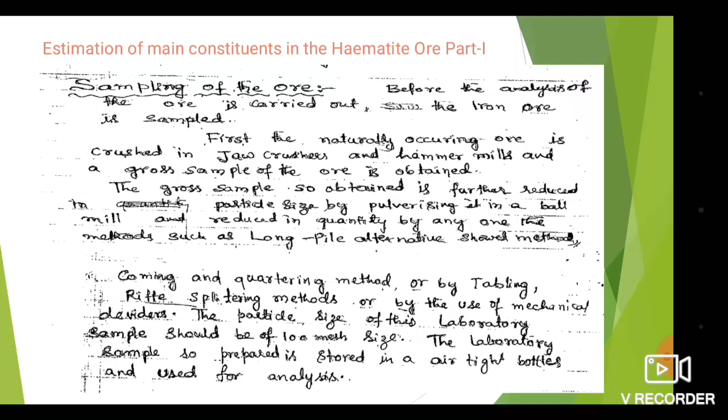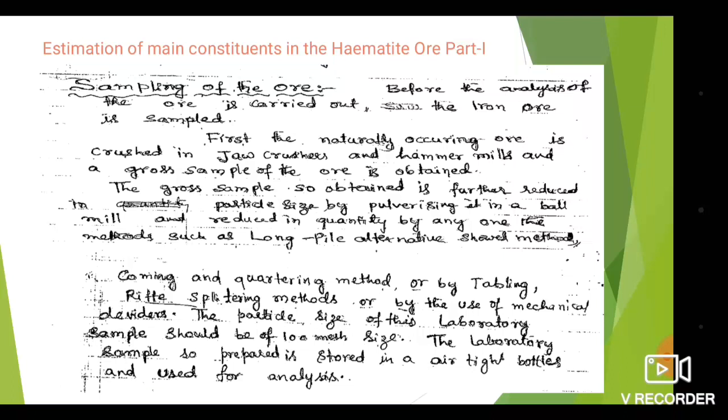This gross sample is further reduced to a small particle size by pulverizing it in a ball mill, and reduced in quantity by any one of the methods such as the long pile, alternate shovel method. These are the methods used for sampling.